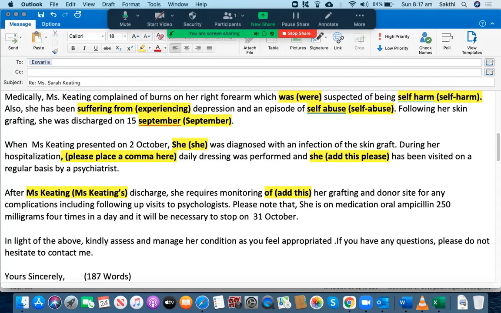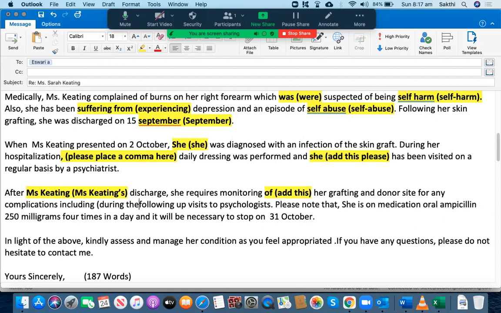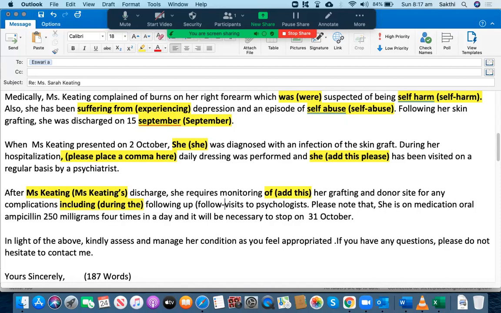I think she has mentioned something like during the follow-ups to psychologists. Okay, so she must have mentioned during the follow-up visits to psychiatrists. She must have used this. Okay, follow-up visits, and it's not following up, it's follow-up visits. All right, let's go through the next one.